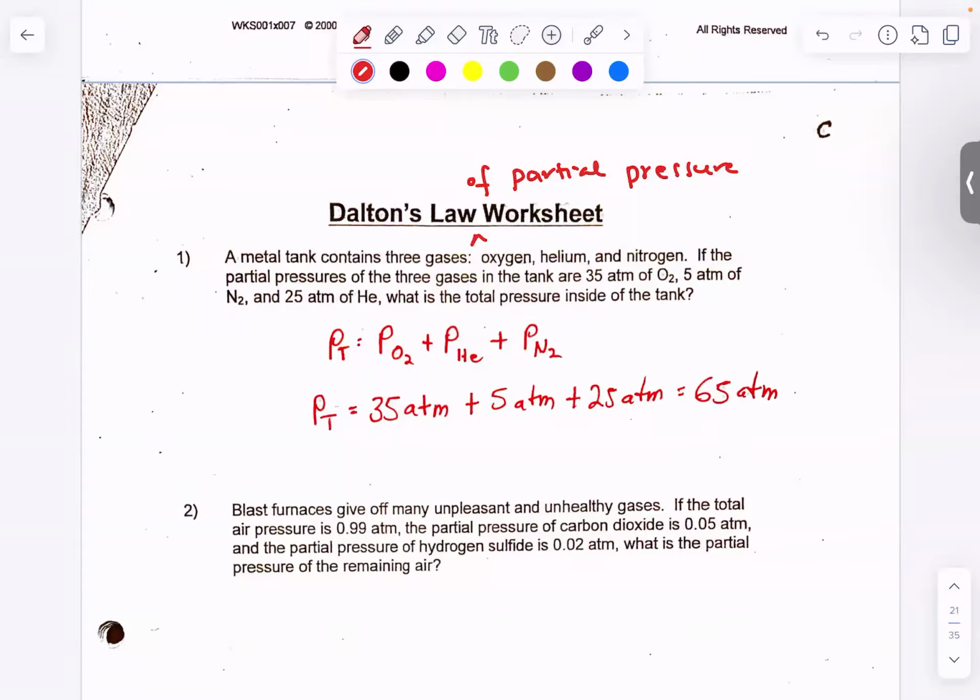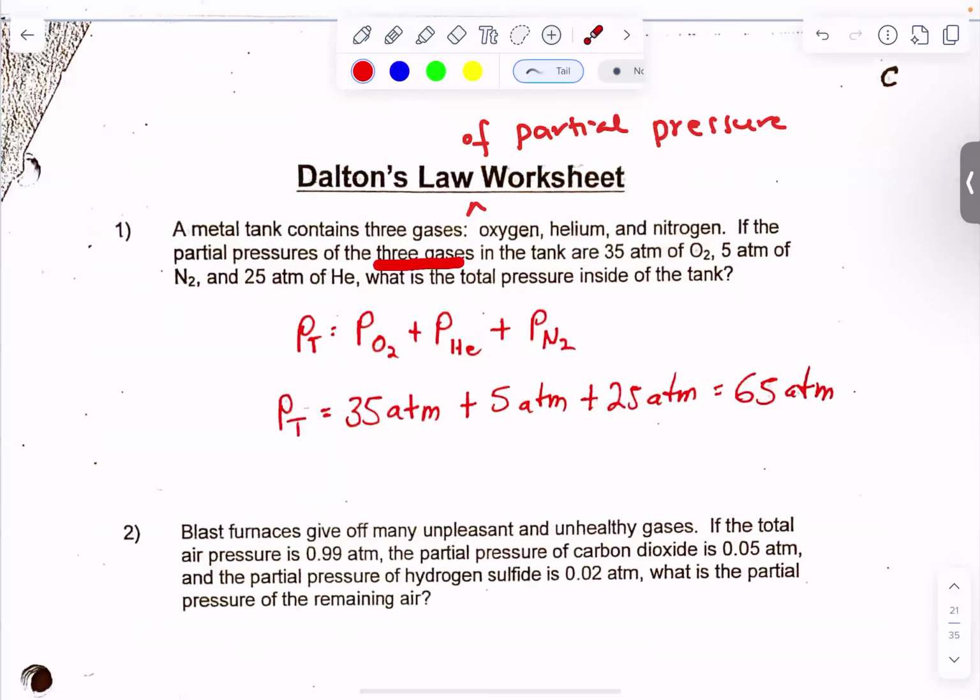Now, let's suppose we have a metal tank containing three gases: oxygen, helium, and nitrogen. If the partial pressures of the three gases in the tank are 35 atm of O2, 5 atm of N2, and 25 atm of helium, what is the total pressure inside the tank? You need to add all the partial pressures to get the total pressure.